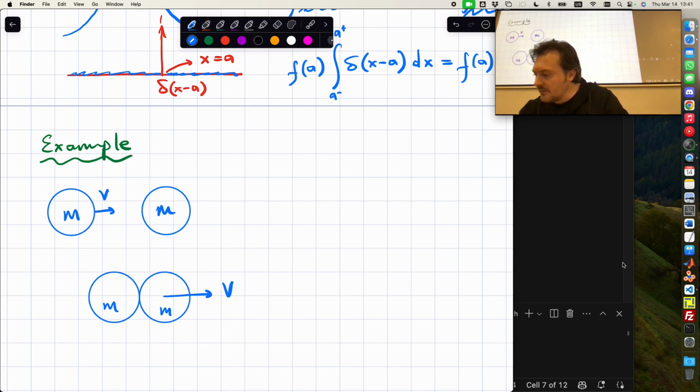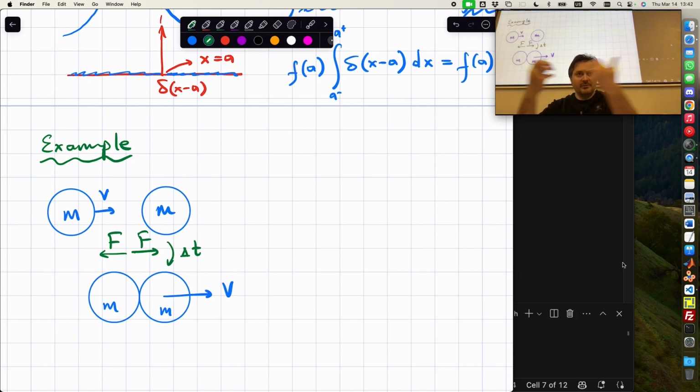Let's say it happens in a time delta t. So in that time delta t, the momentum is negatively transferred here. So there is a force here in this direction, and there is a force here in that direction. Action equals reaction, right?